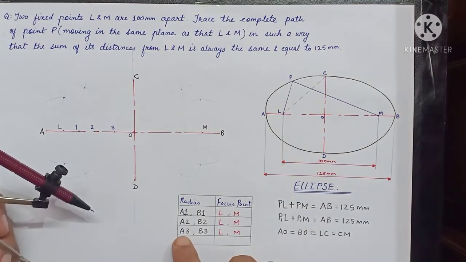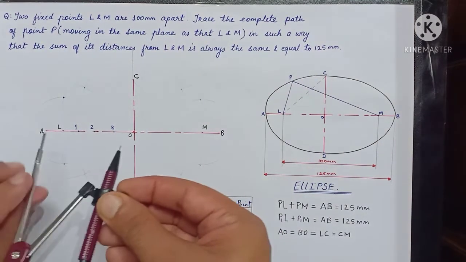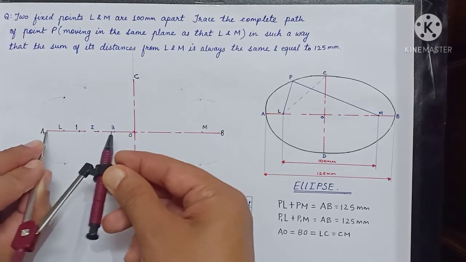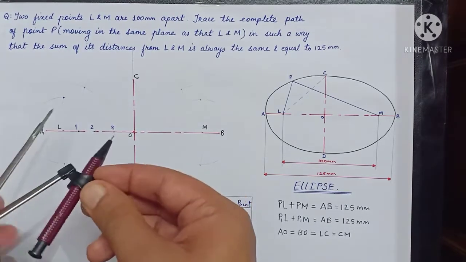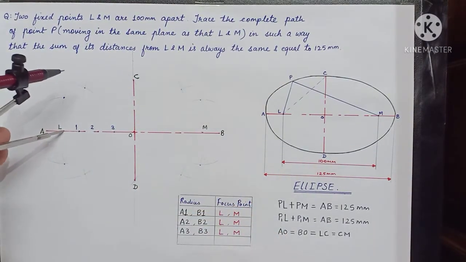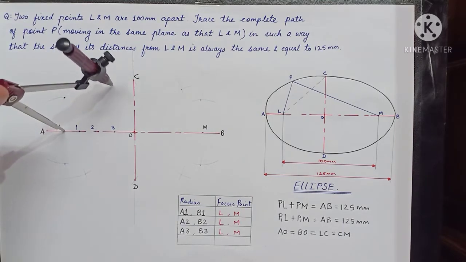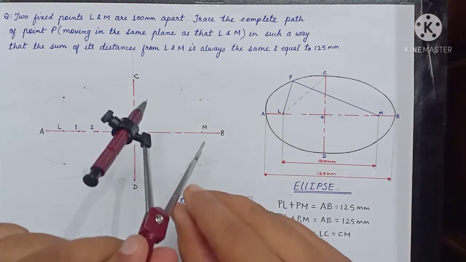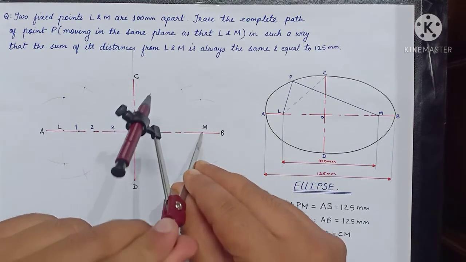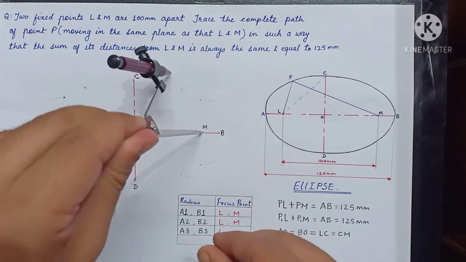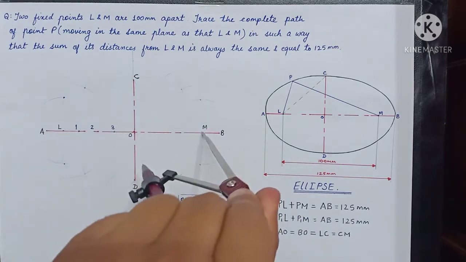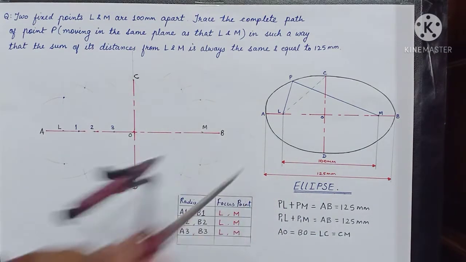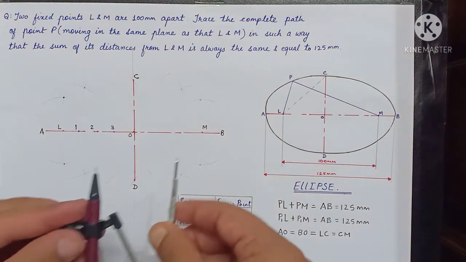Now use the last set of radius, that is measure from A to 3, place the compass needle on L, then place the compass needle on M, and repeat the procedure.